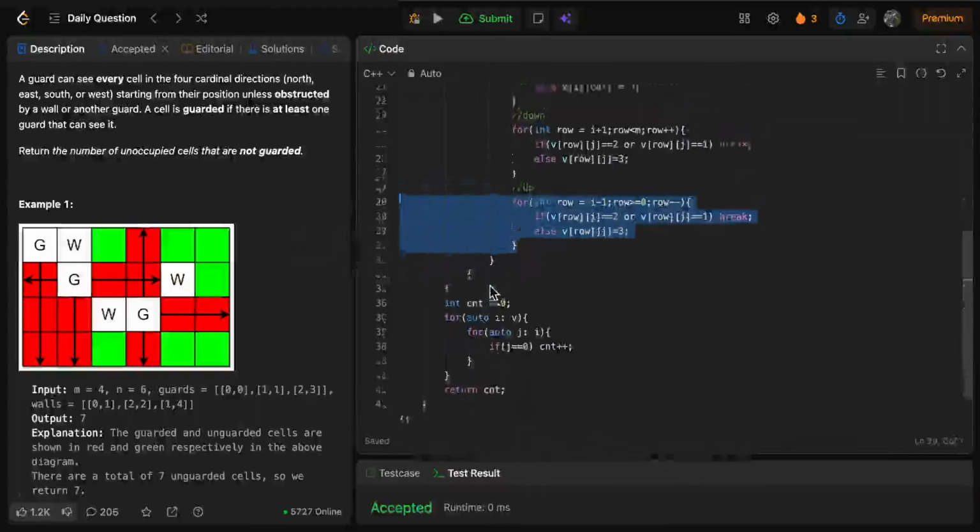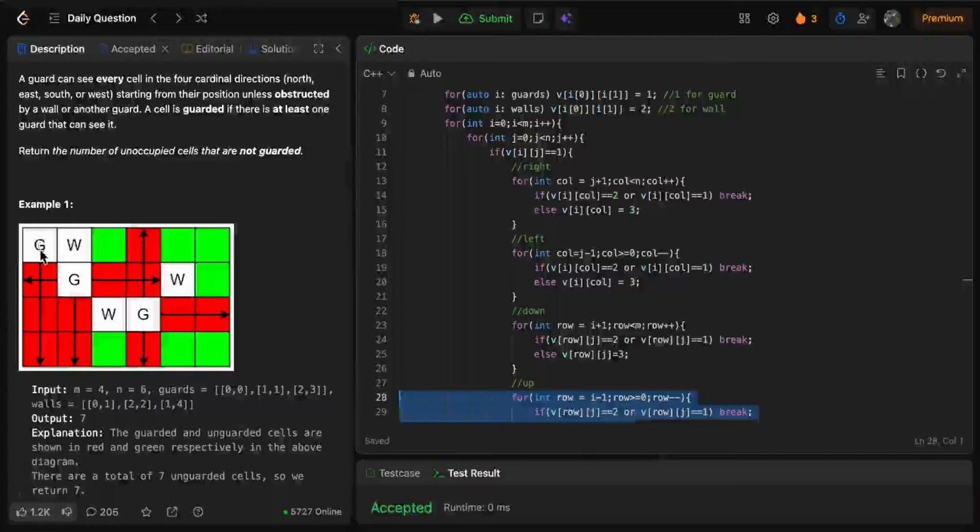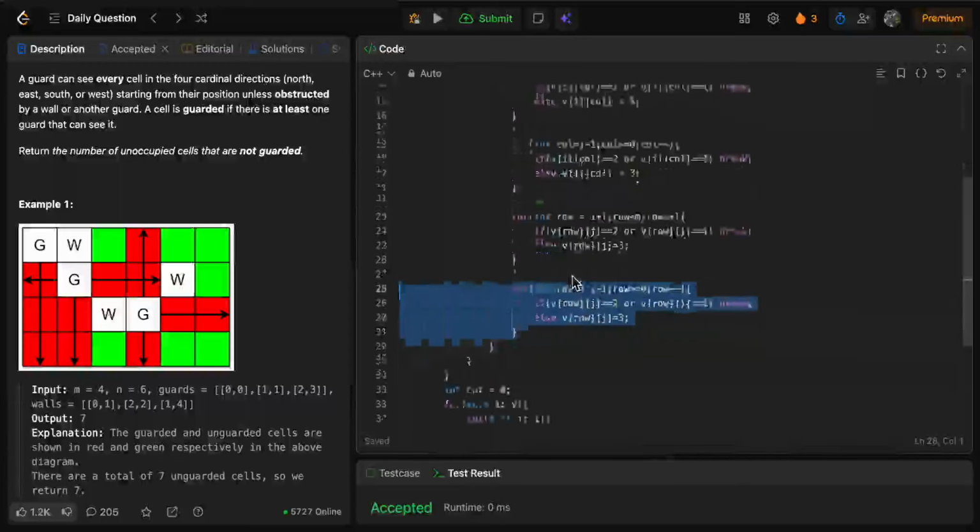Let's understand it with this example. Suppose I am at 0,0, and v[0][0] is equal to 1, meaning I have a guard in this cell. Now I will check for the right, down, left and up with these four for loops.